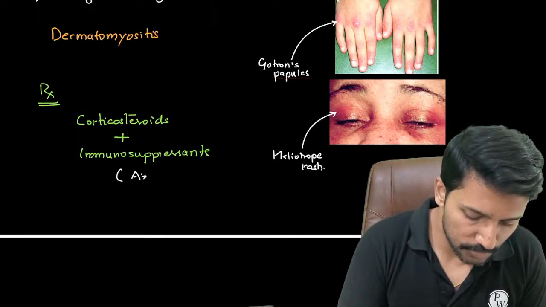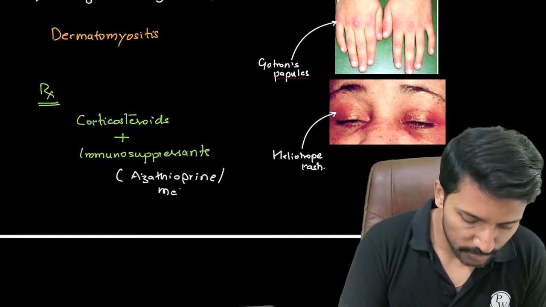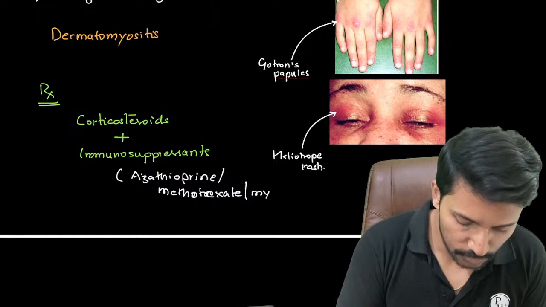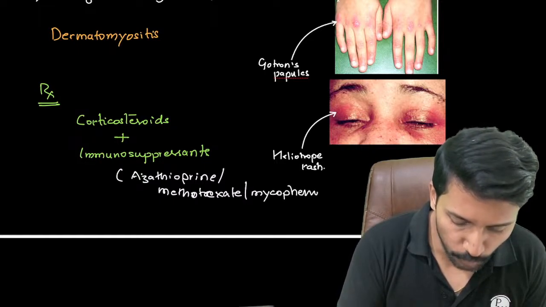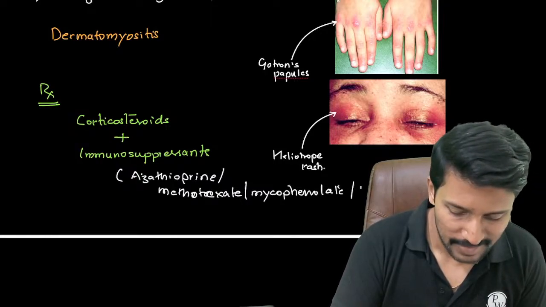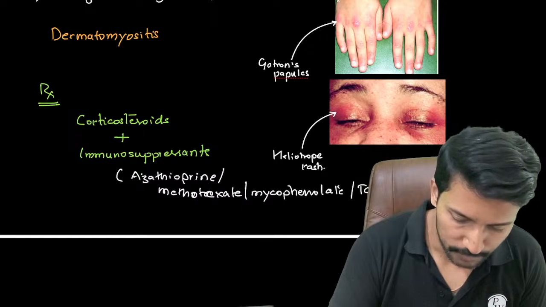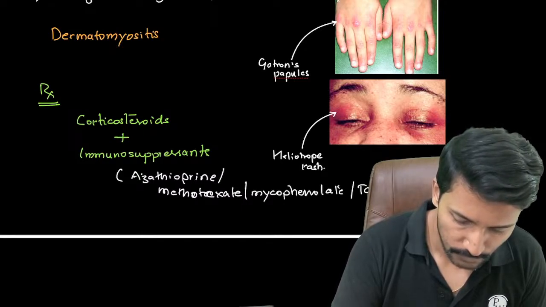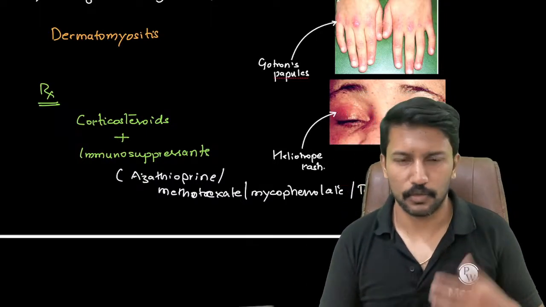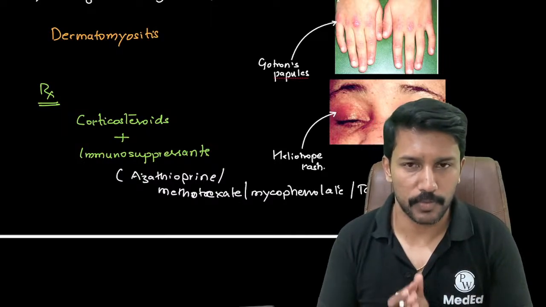Traditionally we have been using azathioprine or methotrexate, or mycophenolate mofetil or mycophenolic acid based drugs, or we have tacrolimus, or we can use cyclosporine. These are the drugs that we can use. So corticosteroids, prednisone or methylprednisolone, plus immunosuppressants.